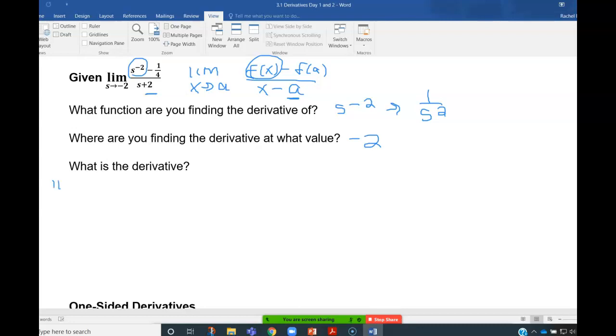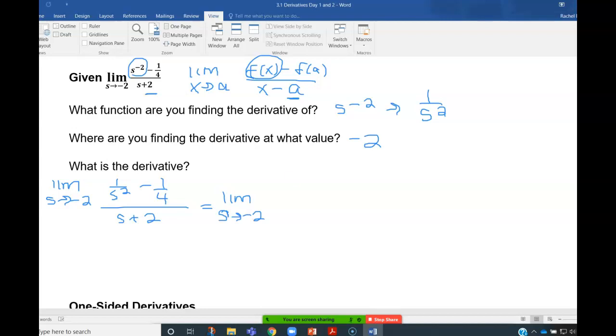So that gives you the limit as s approaches -2 of 1 over s squared minus 1/4 all over s plus 2. And we know that if we have fractions and fractions, we have to clean them up.